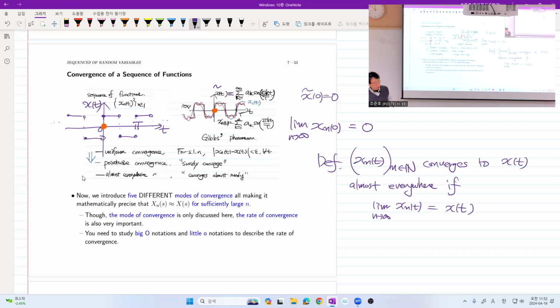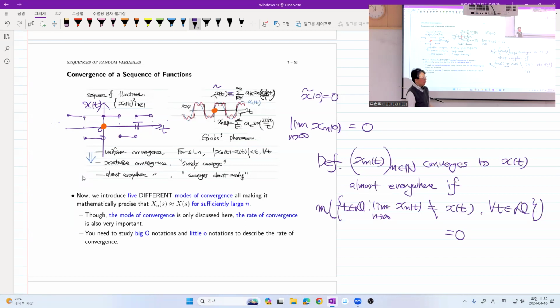So you find this set for all t in the domain, and if the size of the set where they differ is 0, then you may say that they are almost everywhere equal.